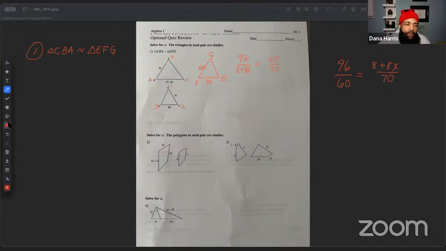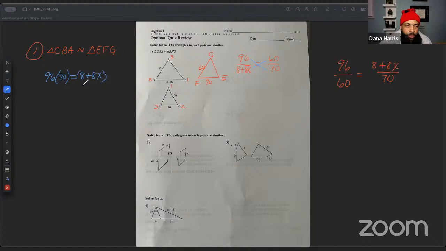So now when we have these proportions, remember, we want to cross multiply. And when I say cross multiply, I mean we are multiplying diagonally. So I create the equation now: 96 times 70 is equal to 60 times the quantity 8 plus 8x.